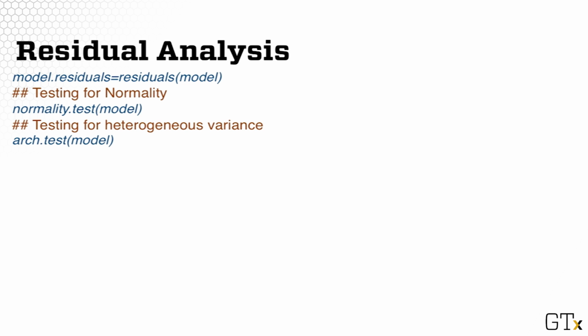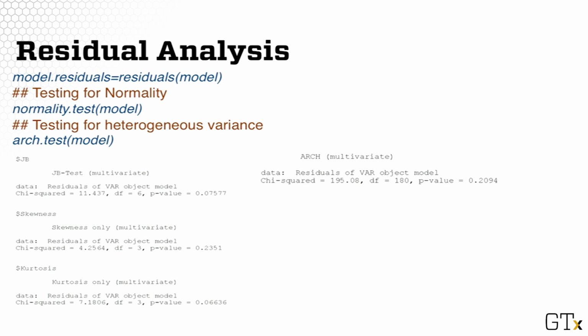For this, we can use the normality.test R command. We can also evaluate whether the residuals have constant variance by applying the arch.test R command, which is a hypothesis testing procedure where the null hypothesis is that the residuals have constant variance. For both, we seek large p-values, that is, we do not want to reject the null hypothesis.